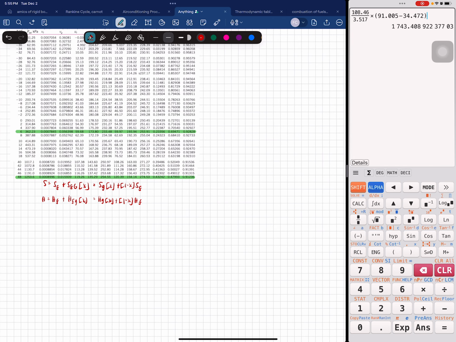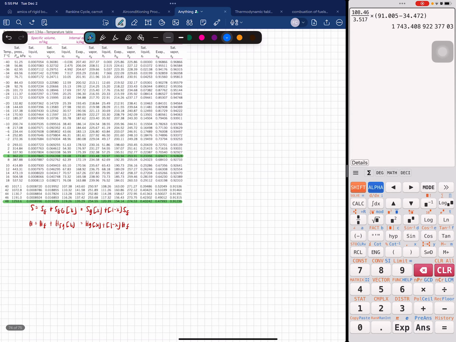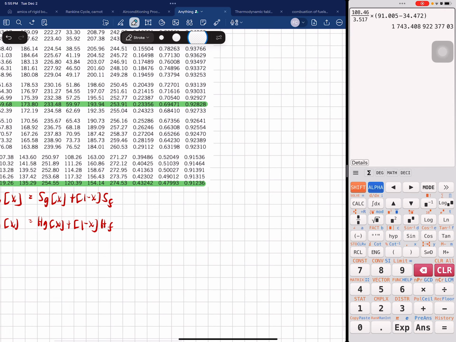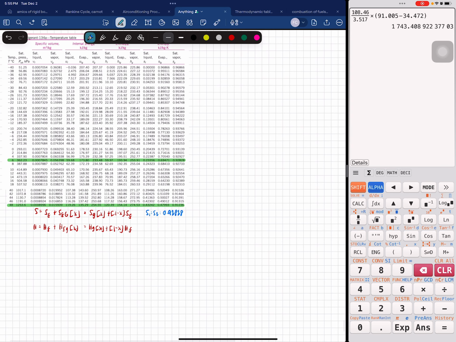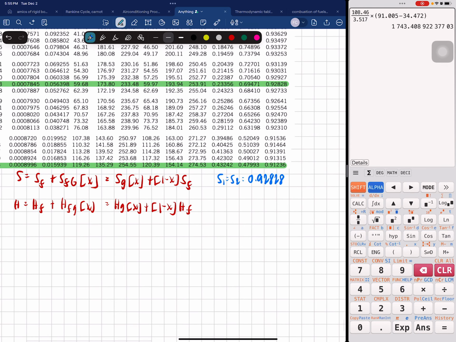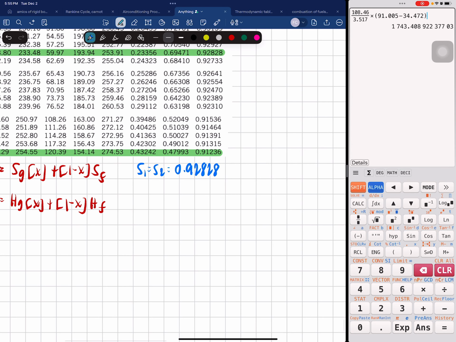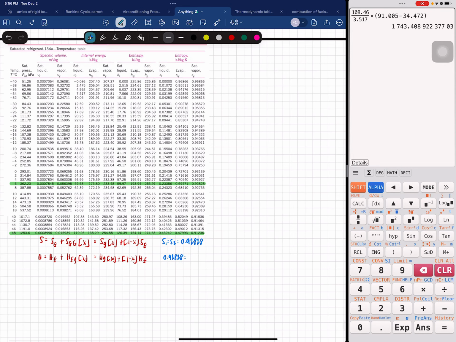so at point 2, the value is still 0.92828. S1 equals S2 equals 0.92828. Now via the second condition, let's use this one to find the quality. 0.92828 equals, what's the SF?